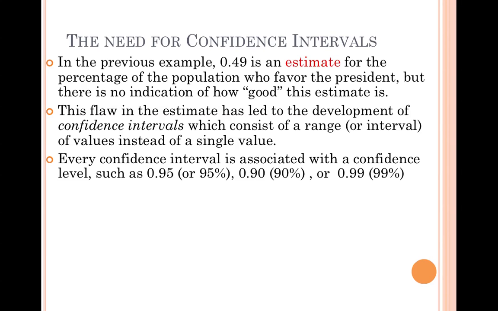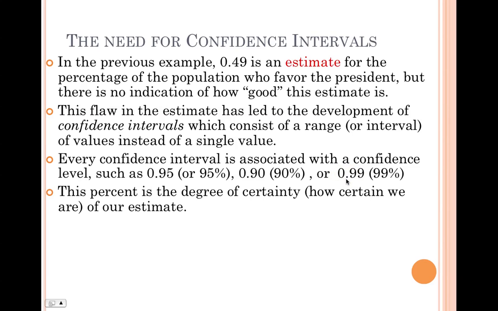And the confidence levels are going to be 95%, which we'd express as a 0.95 confidence level. 90% confidence level will be a 0.90, and 99% confidence level would be 0.99. And that confidence level is a degree of certainty, meaning how certain we are of the estimate that we arrive at.